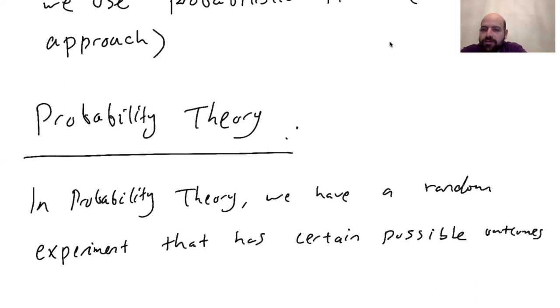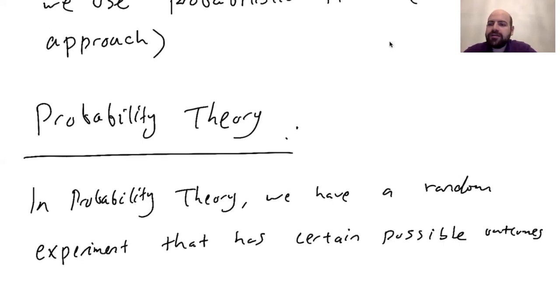So it could be any random experiment. Each random experiment has some outcomes. It could be tossing a coin or tossing a die, or other examples.